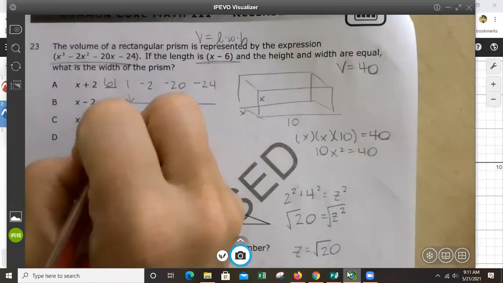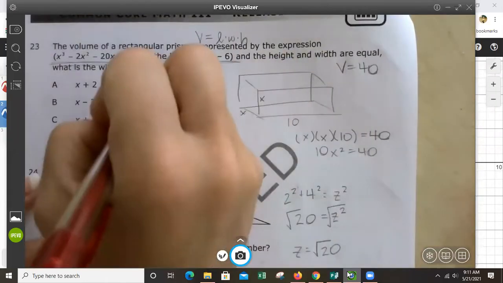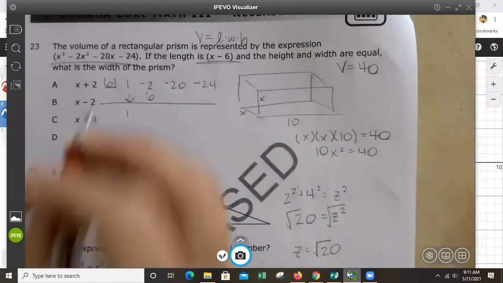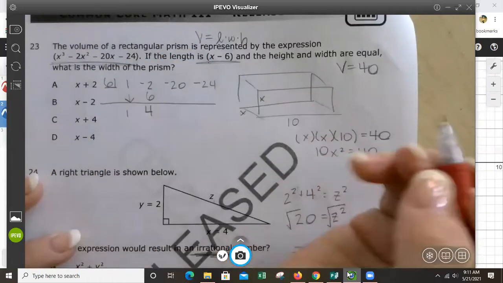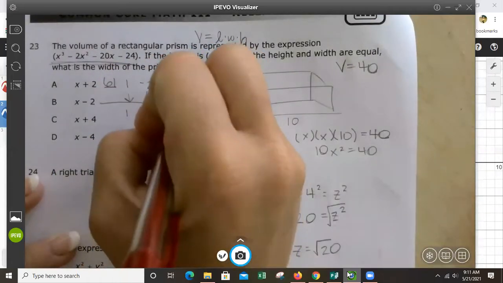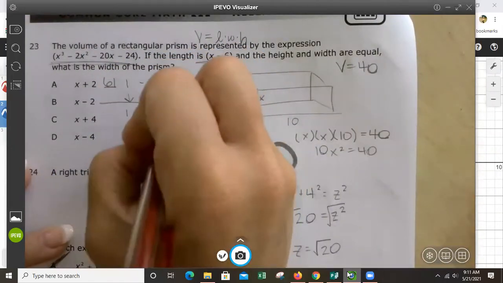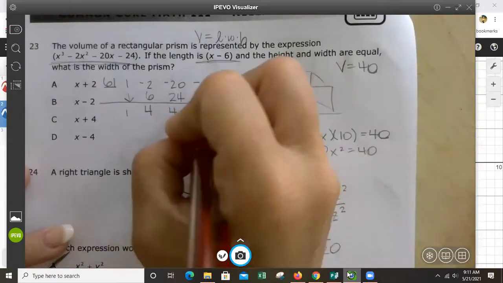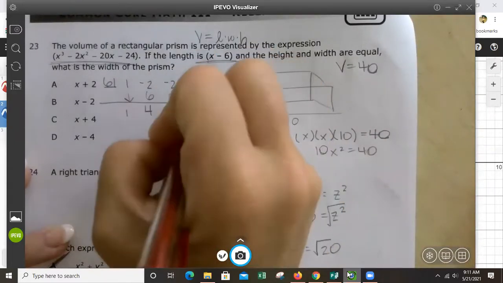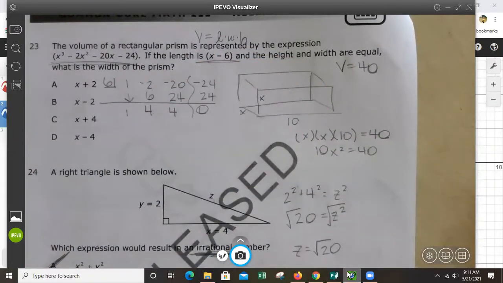We bring down the 1, multiply it by the 6, add it up. 6 plus negative 2 is 4, times 6 is 24. Add it up, we get positive 4. Multiply it, we get 24. We should get a 0 because we know that it's going to work. So we should get a remainder of 0.